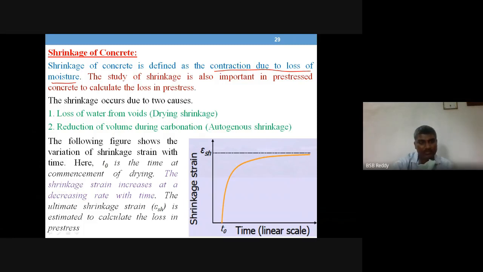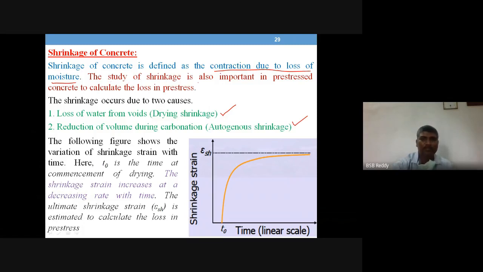So based on that concept, we have two causes for shrinkage. Okay, so this is the purpose of water in the concrete, what goes on in the concrete with the water.